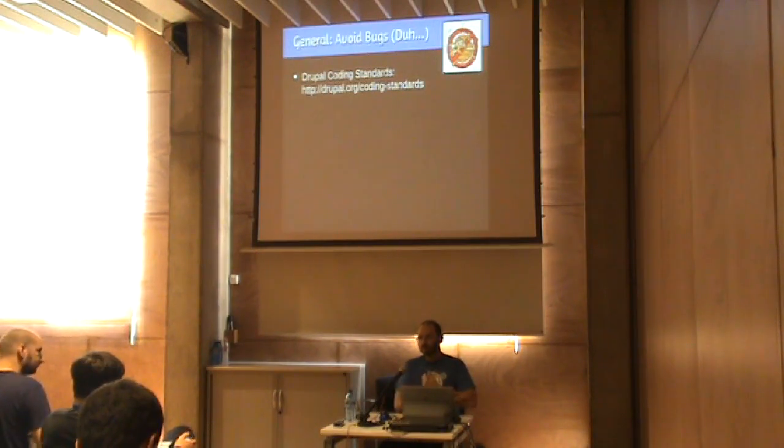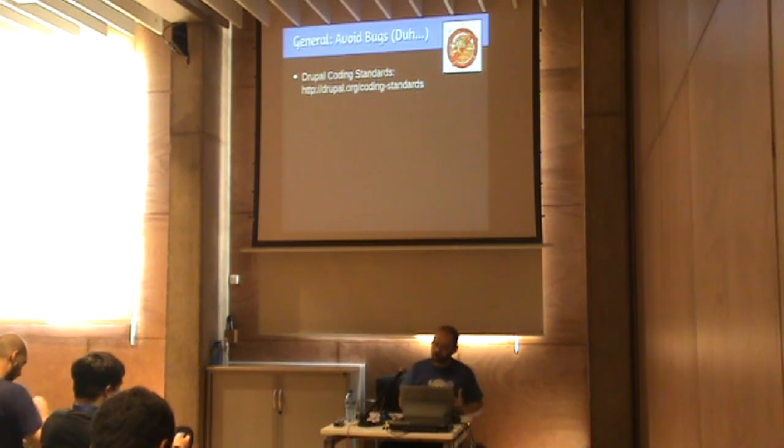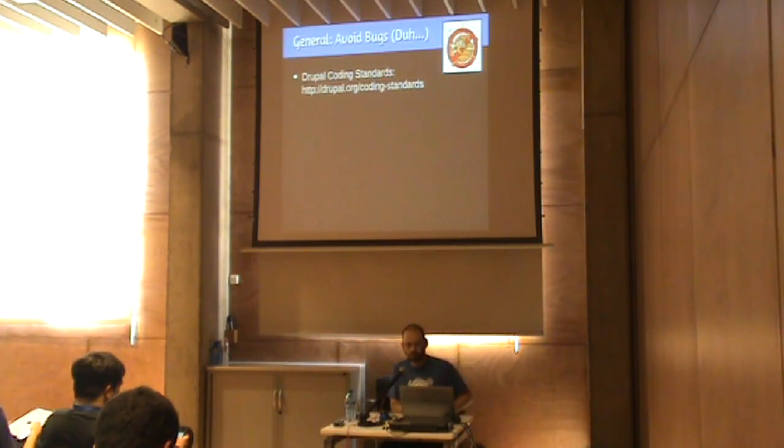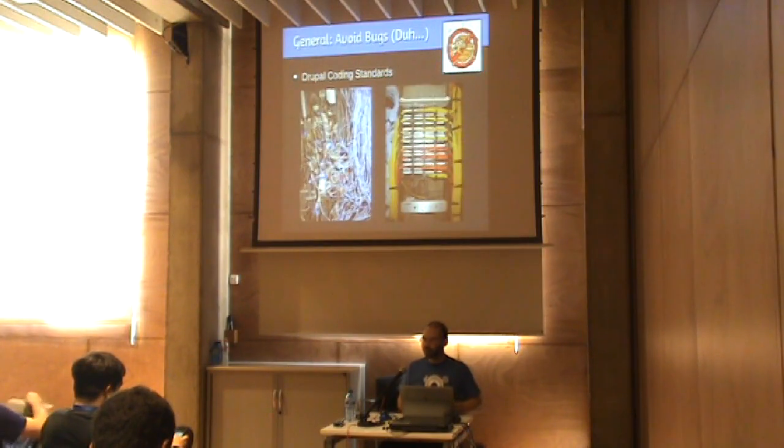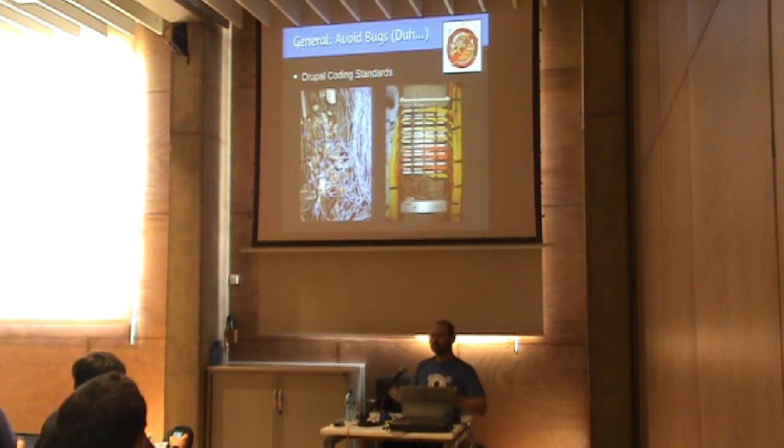One of my pet peeves, or one of the things I really like actually, is the Drupal coding standards. And why do I like them so much? If your boss calls you at 2 o'clock at night and you have to work on the thing on the left or the thing on the right, which one would you choose?